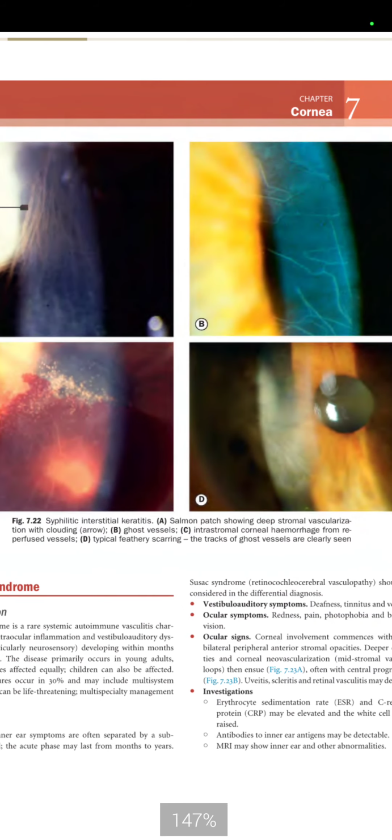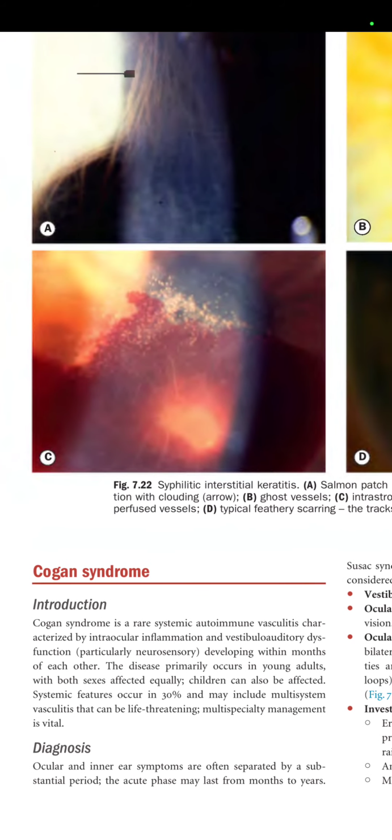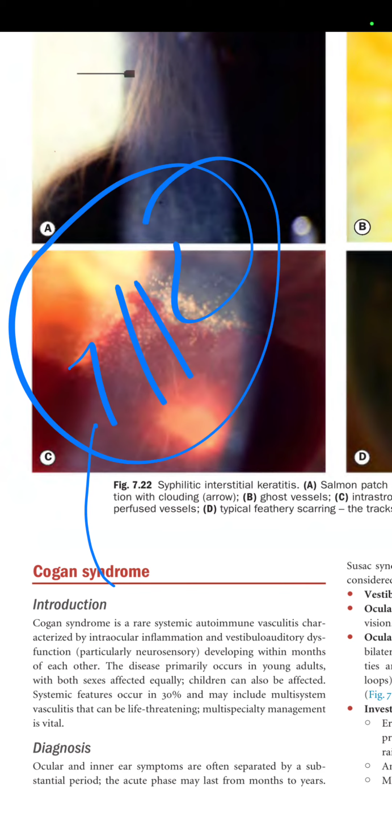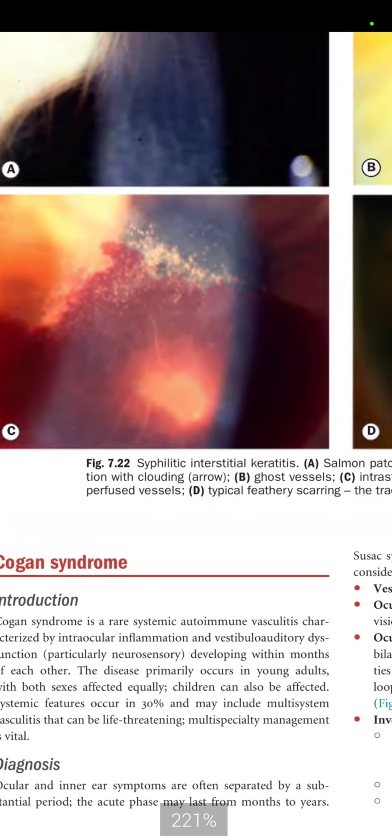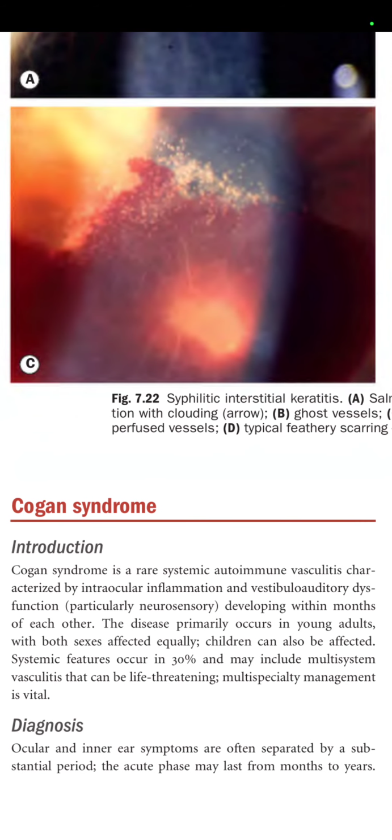Now another cause is Cogan syndrome. Cogan syndrome also causes interstitial keratitis. Cogan syndrome is a rare systemic autoimmune vasculitis characterized by intraocular inflammation and vestibulo-auditory dysfunction, particularly neurosensory deafness, developing within months of each other.